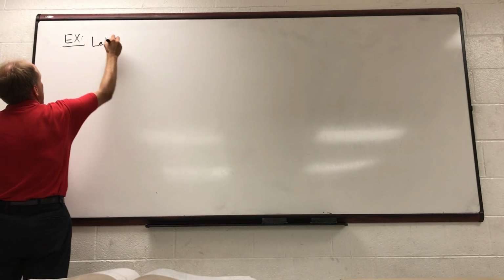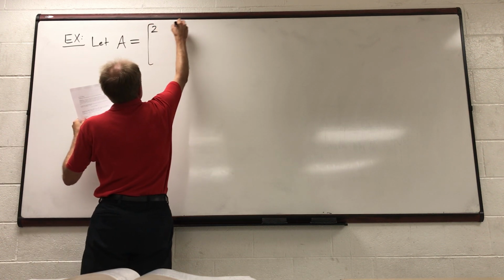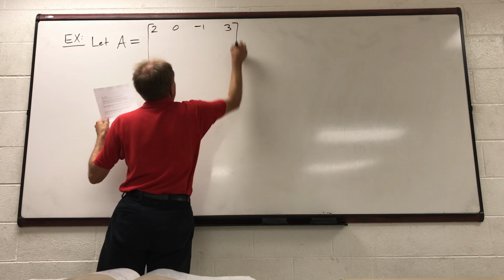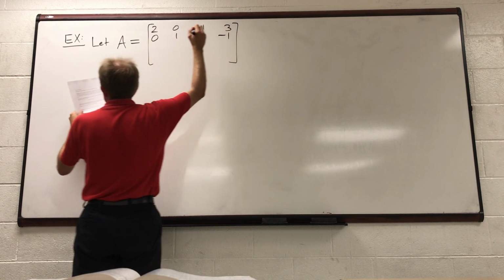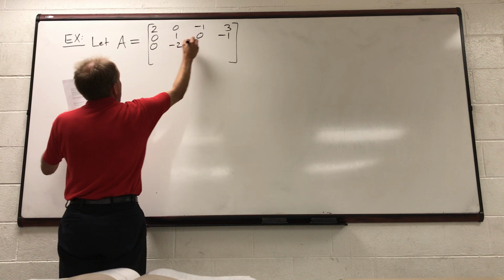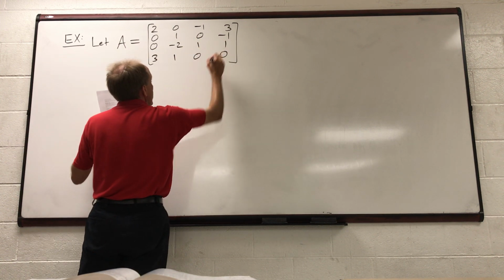But anyway, let the matrix A be as follows: 2, 0, -1, 3, 0, 1, 0, -1, 0, -2, 1, 1, and 3, 1, 0, 0.